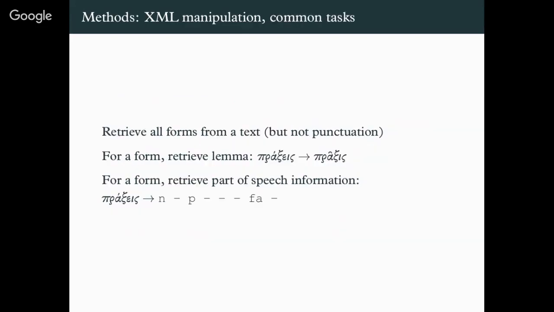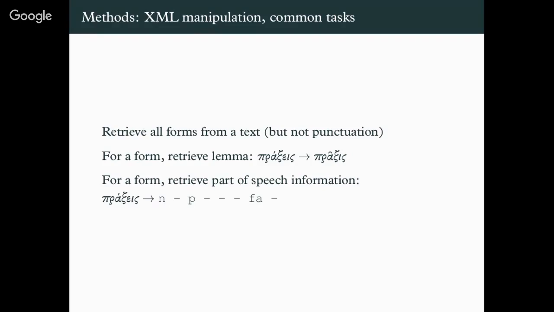Now, when we were preparing these exercises, we found ourselves again and again doing some things which were the same, so repeating some tasks. Some of the tasks are listed here. We always started from wanting to retrieve all forms in a text, but the punctuation was not important for us.